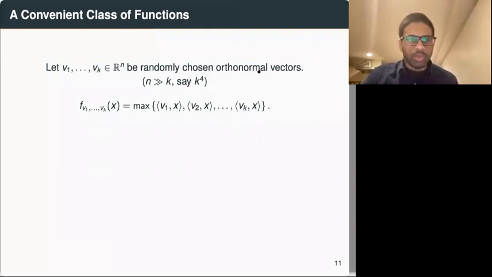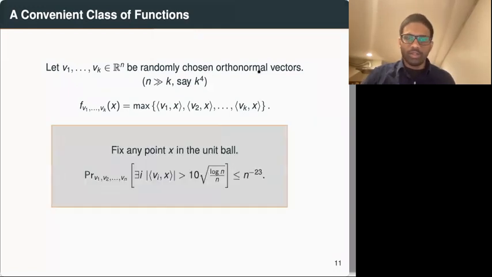And the property that really helps us is the concentration of mass in the unit ball around the equator. So it says that if you take a random basis for R^n, then it doesn't matter which point x you take. Let's first fix a point x, then choose a random basis for R^n. Then with really high probability, each of the entries of our vector in this new basis is going to be really small.